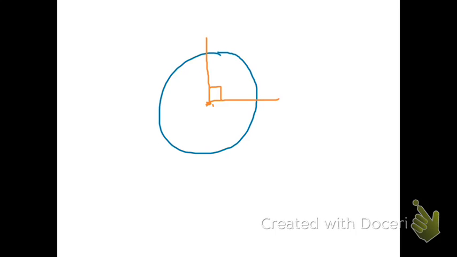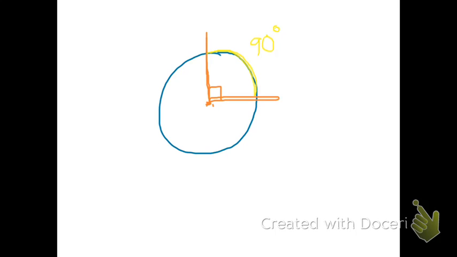Now, if you look at this arc that it intercepted, and what that means is the arc that's formed when the central angle crosses the circle. So this arc that I'm drawing in yellow, that would be the arc that's intercepted by the central angle. Well, that arc is also going to be 90 degrees because the central angle always has the same measure as the arc that intercepts it, and vice versa.